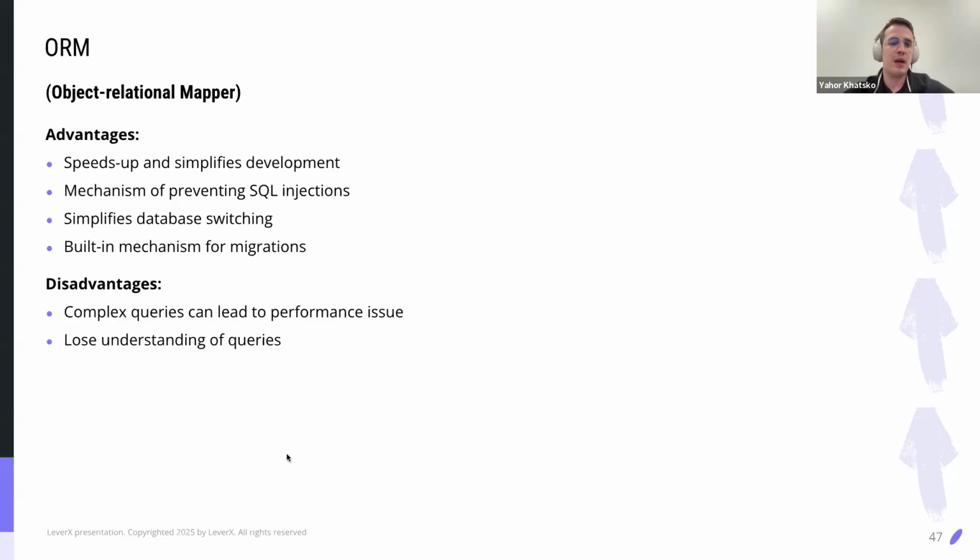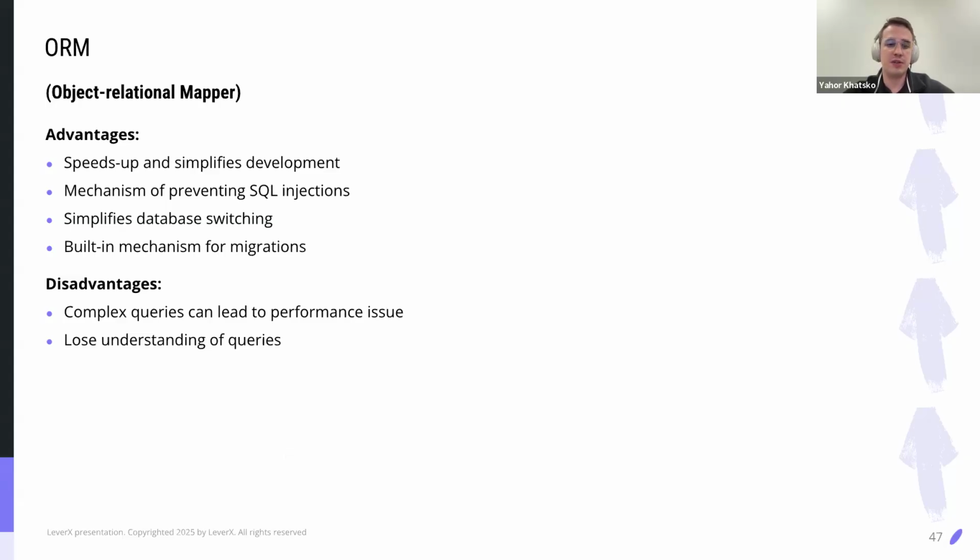And it provides you with a built-in mechanism of migrations. It automatically handles them, creates the files, and runs the files with specific commands. So it's easy to work with migrations.